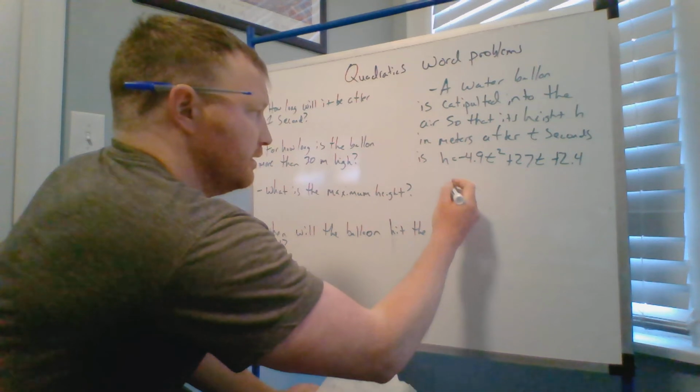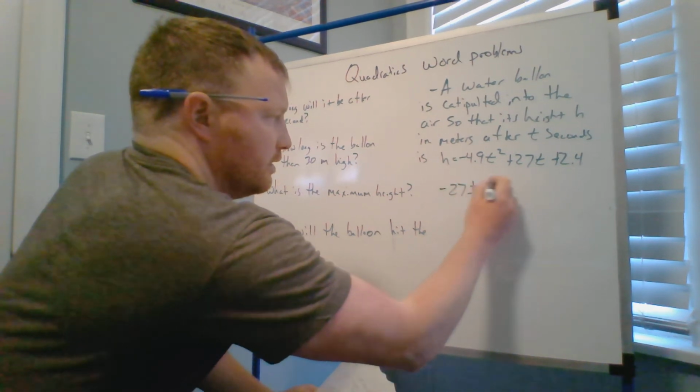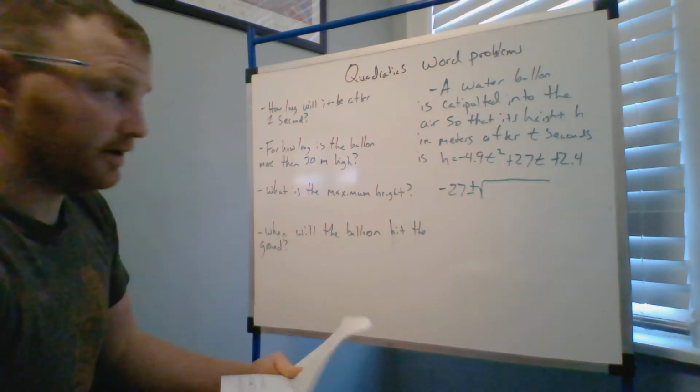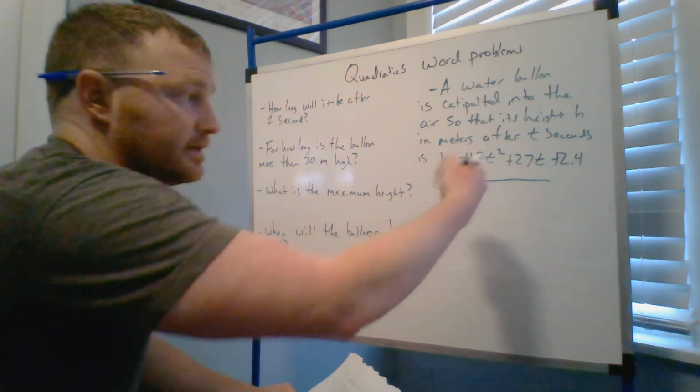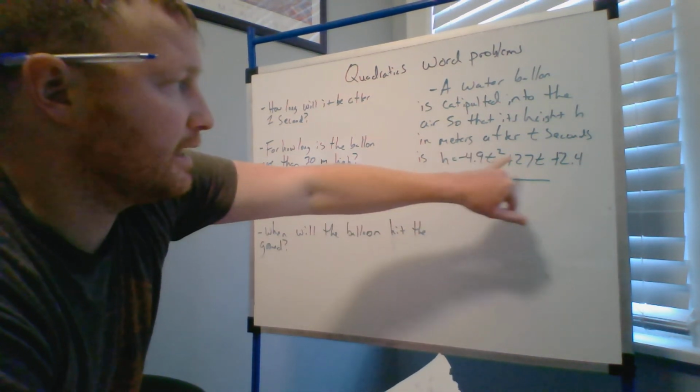So now I'm just doing the opposite of b, which is negative 27, plus or minus the square root of 27 squared minus 4 times negative 4.9 times 2.4.